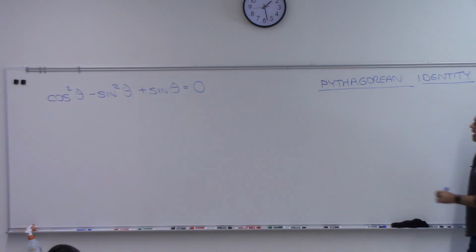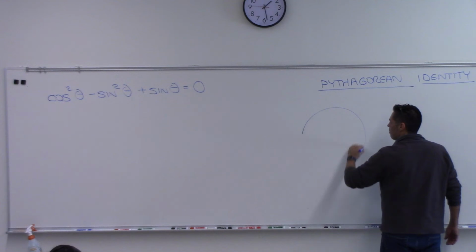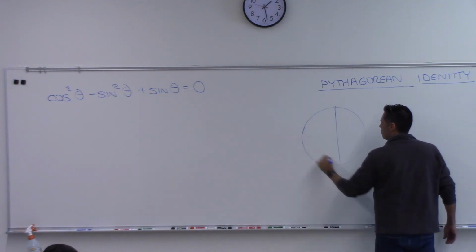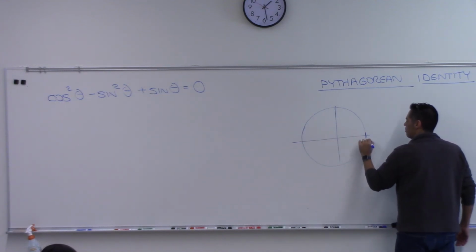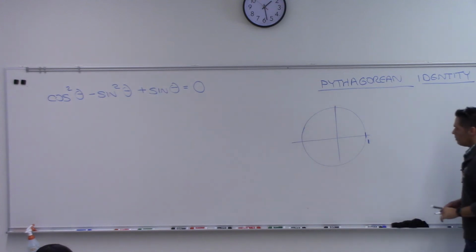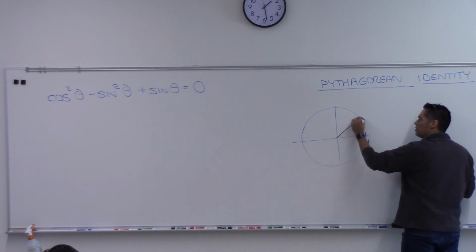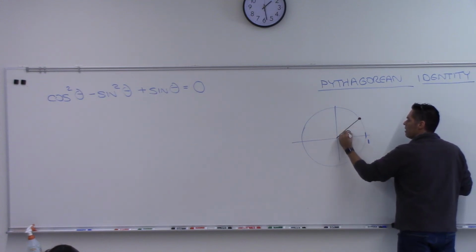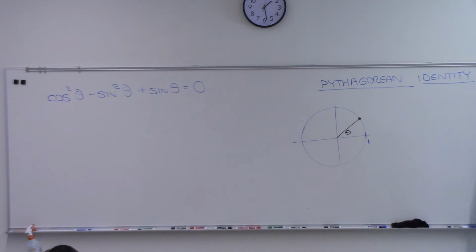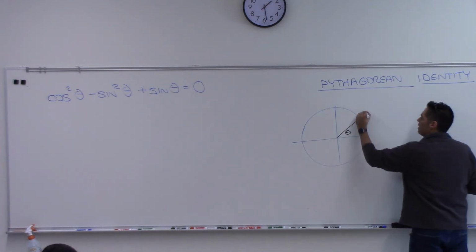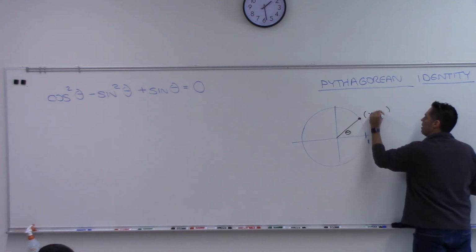I want you to go back and think about when we talked about the unit circle. Okay, here's the unit circle. If I take some random point on this circle, there's some angle here, theta, right? This point has an x and a y coordinate, right?